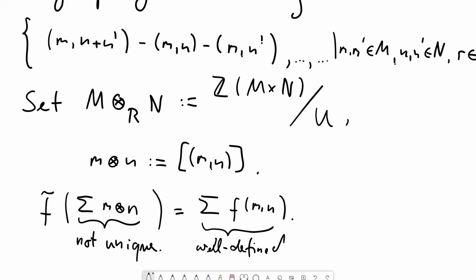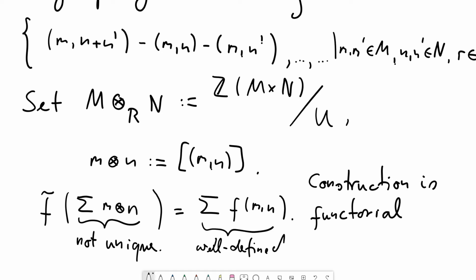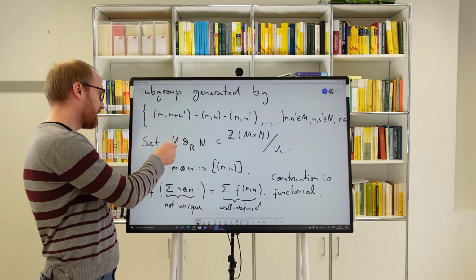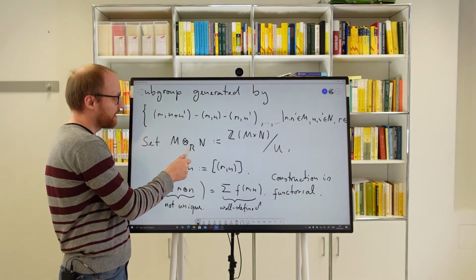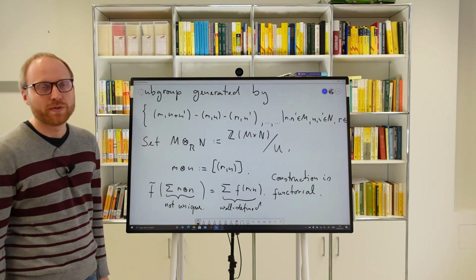And the second important remark is that this construction is actually functorial. So what do I mean by this? I mean that if I fix, say, a right R module M, then I want M tensor R to be a functor from left R modules to abelian groups.